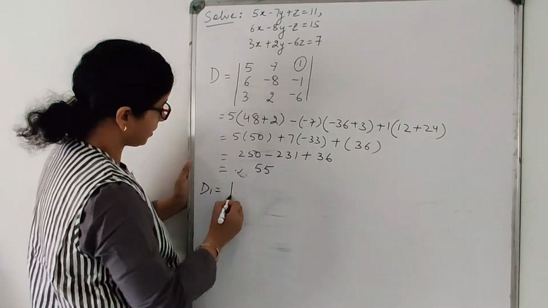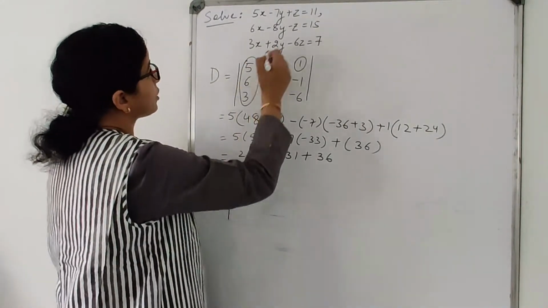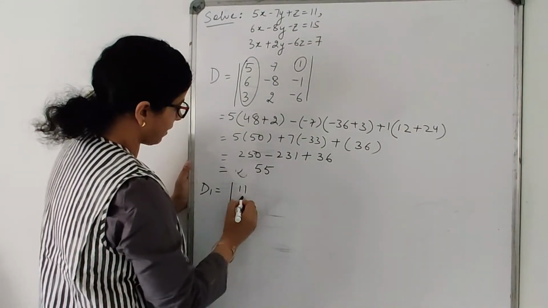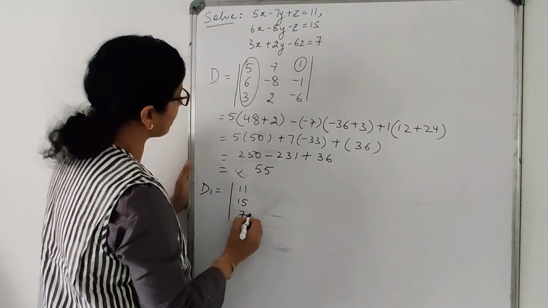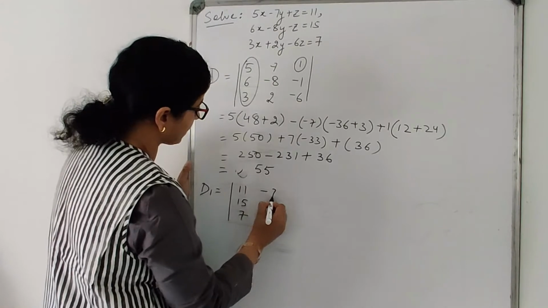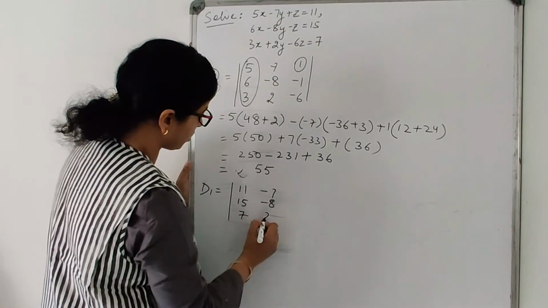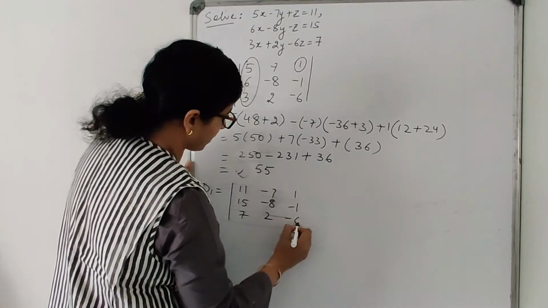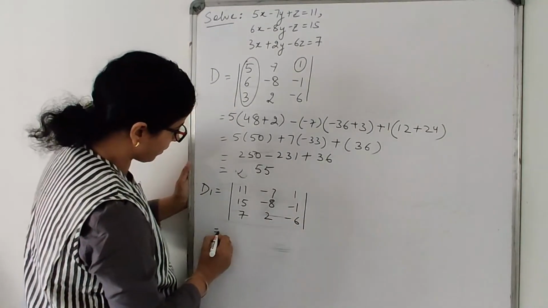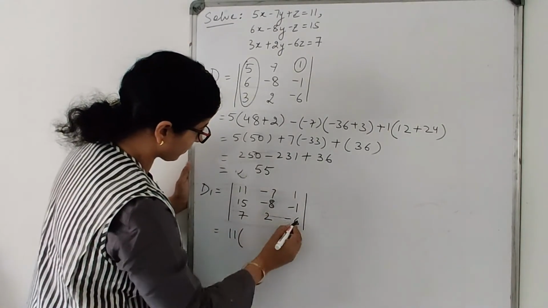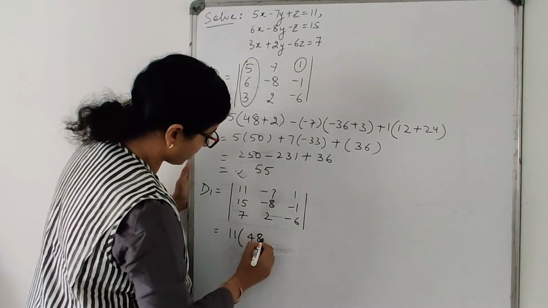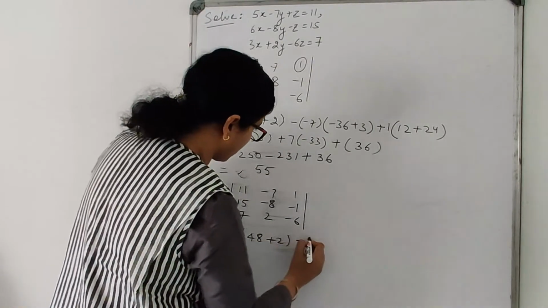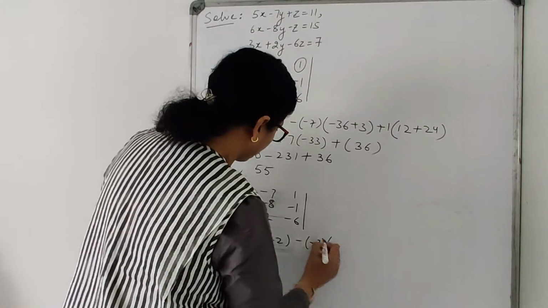What is D1? The x values will be replaced by the constants 11, 15, 7, minus 7, minus 8, 2, 1, minus 1, minus 6. Okay, so what will be the equation? 11 times 48 plus 2, minus of minus 7.